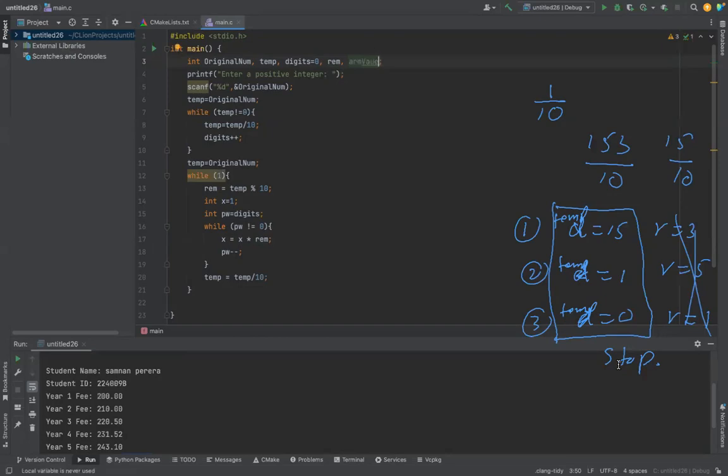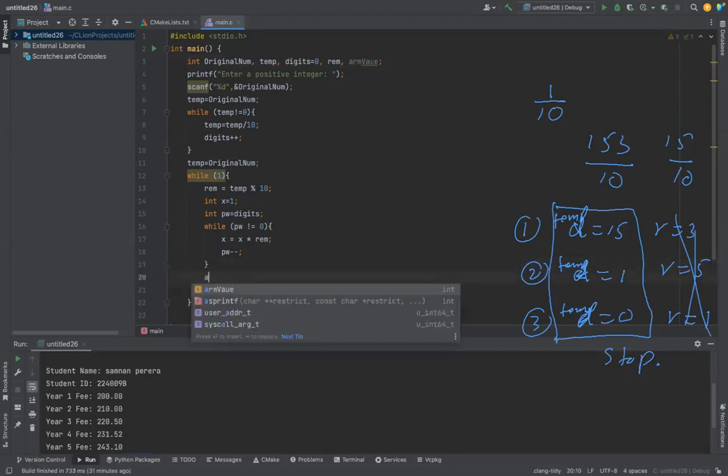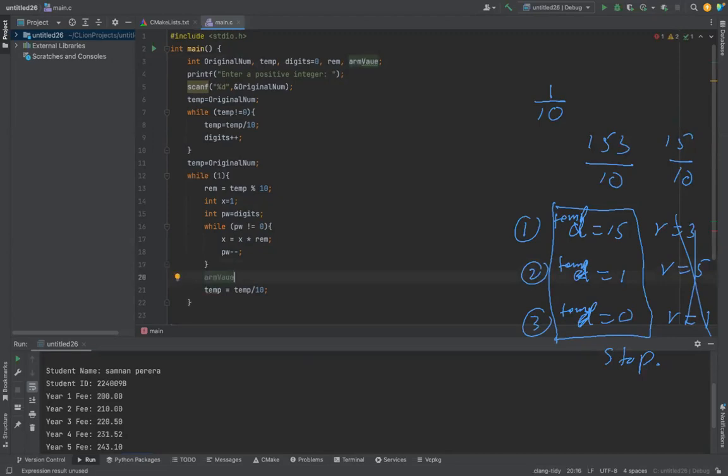Now here we have the Armstrong value, and before you divide this one, we have to use the Armstrong value. Initially, put the Armstrong value as 0 because we need to get the summation.